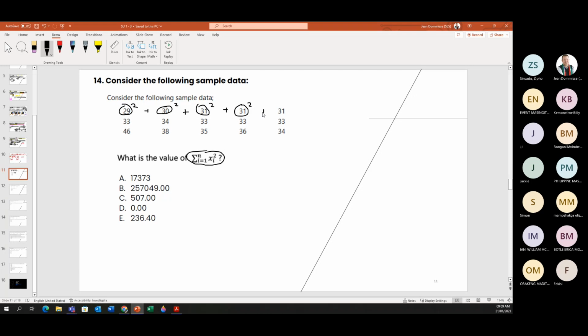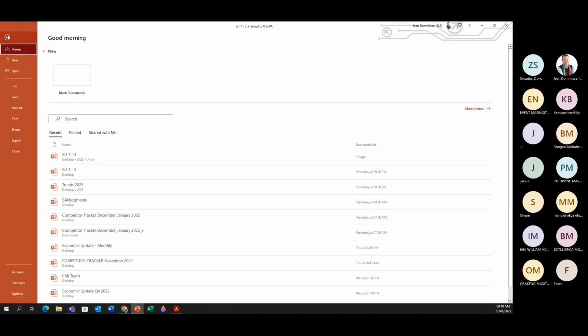Again, as was said, in the exams it's open book. So you can use a calculator, you can use Excel, you just cannot use a friend to ask them. So you can calculate that on Excel. I would probably have done it in Excel.